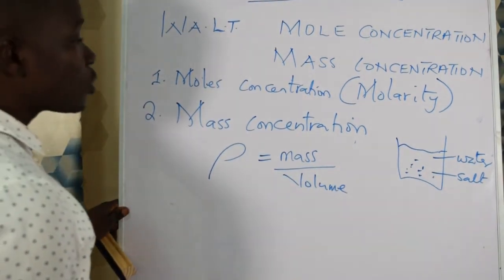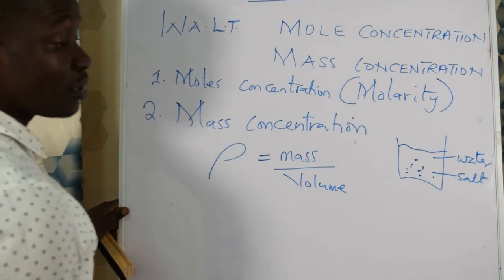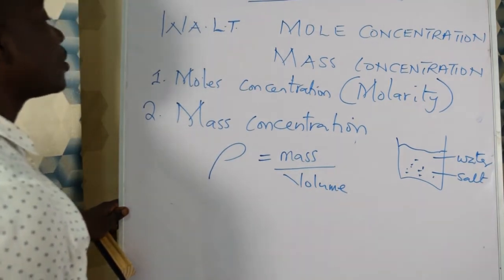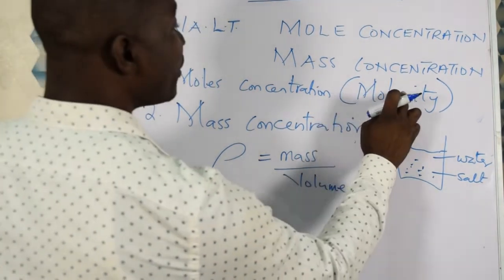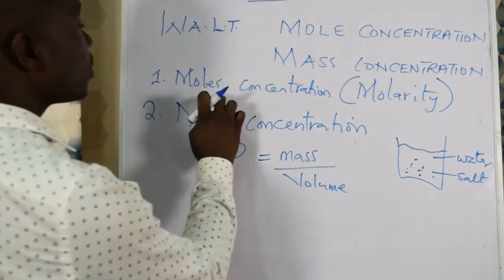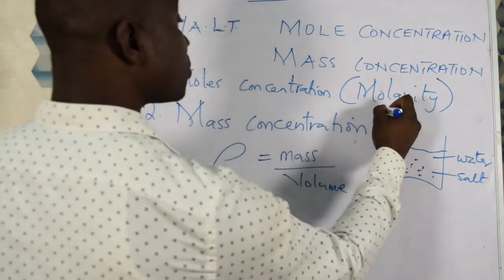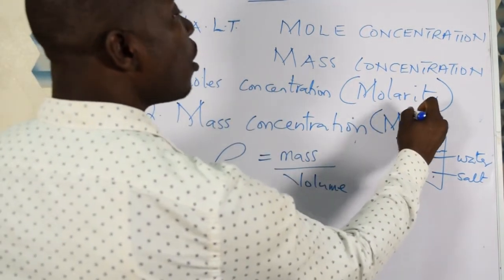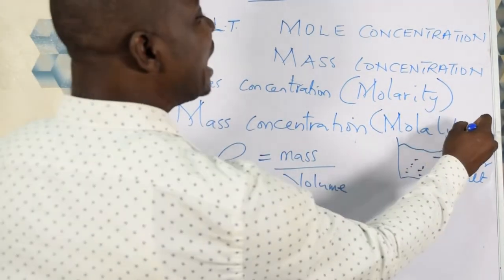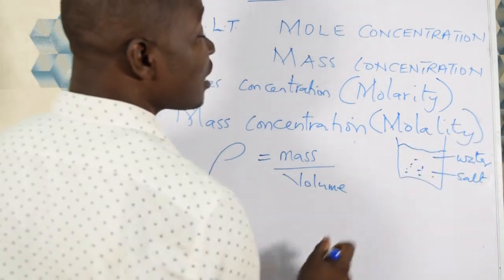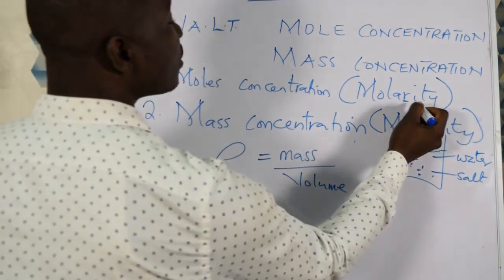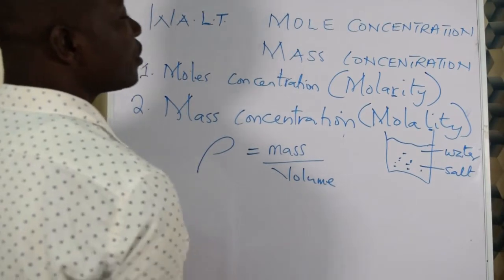So that is what leads to mass concentration. So be mindful about molarity, which is mole concentration, and then mass concentration, which we can say molality. So the difference is R and then L. Good.